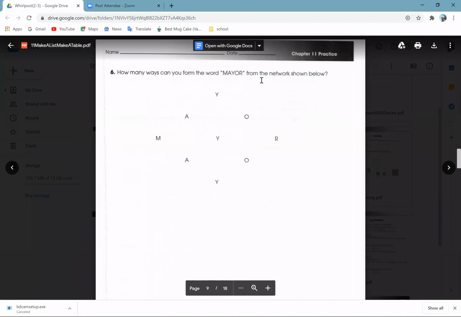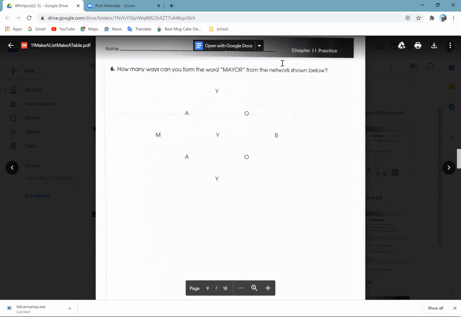How many ways can you make the word mayor? So M-A-Y-O-R. I'm going to start doing it in 3 colors. So far we know we have 3.